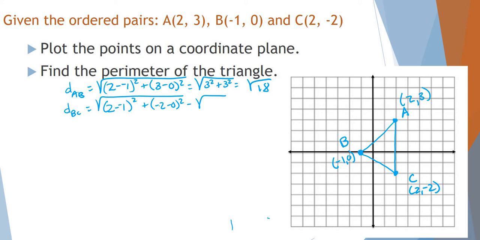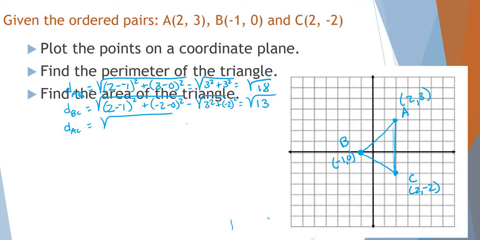That's the square root of 3 squared plus -2 squared, and that's the square root of 9 plus 4, which is 13. And then the distance of AC, since they are on the same vertical line, I can just count the difference between my squares. So 1, 2, 3, 4, 5. That's 5 units. Whoops, sorry. So that one's just going to be 5.